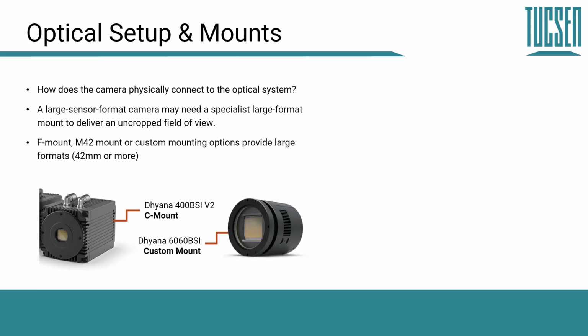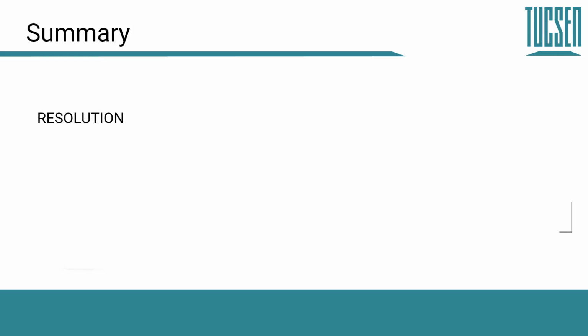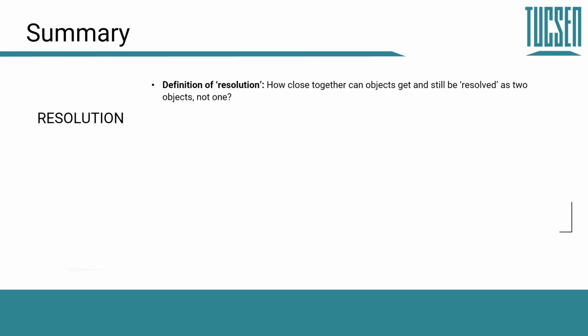On the other end of the spectrum, we have the Diana 6060 BSI, which can offer a custom mount because it's got such a large sensor that a C-mount, for example, would crop a significant portion of our image out. And here we have just a little table of different mounting options and some of the different characteristics of them. And you can see that the C-mount has the smallest maximum sensor size, but it's the most commonly used mounting option for microscopes.